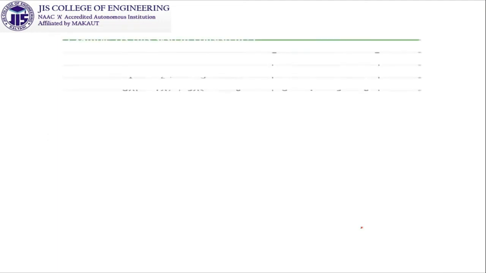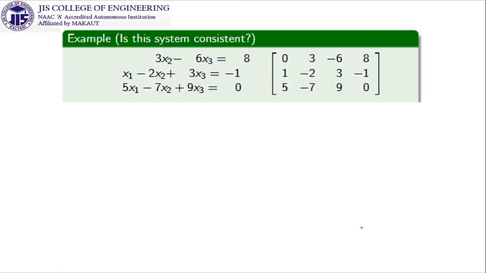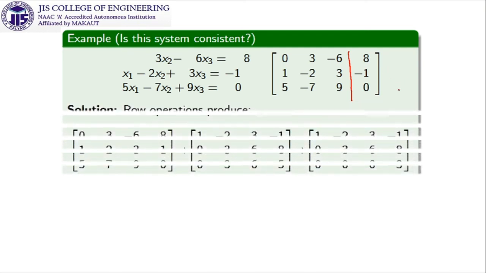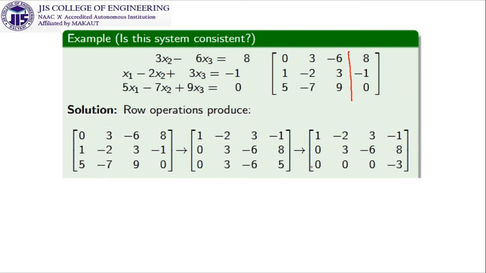Look at this. We have one system like this. It is also a system of 3 equations with 3 unknowns, and this is the augmented matrix of this particular system, 8, -1, 0 and so on. Our job is to find its rank, so we convert it in the first step, second step and so on.